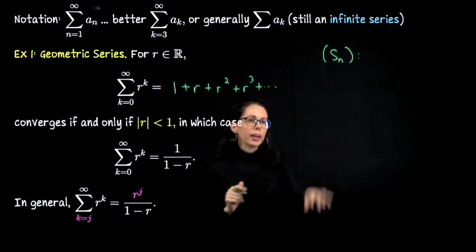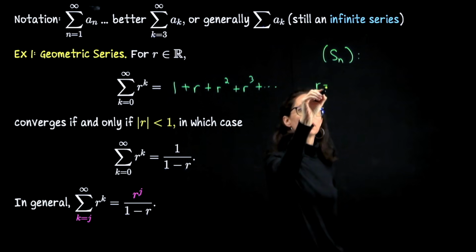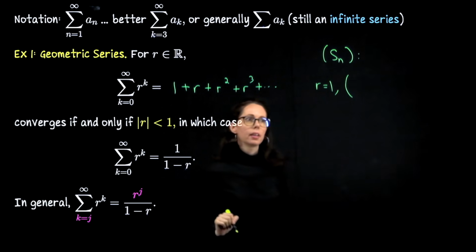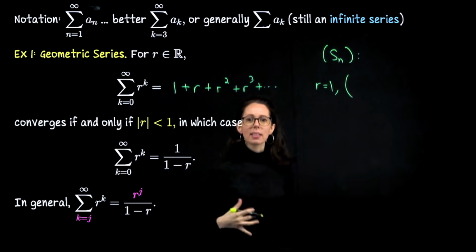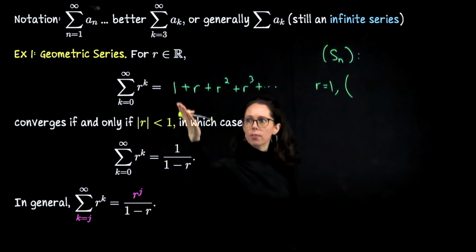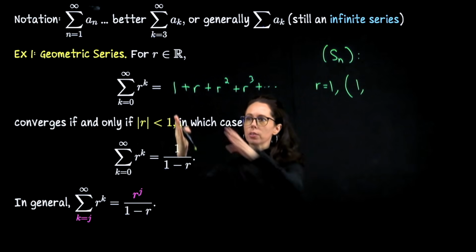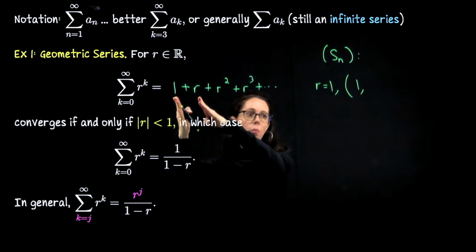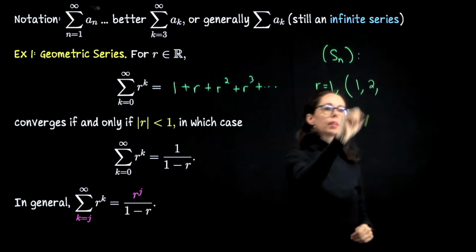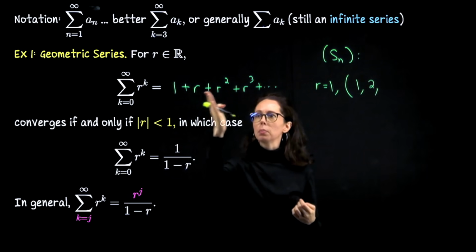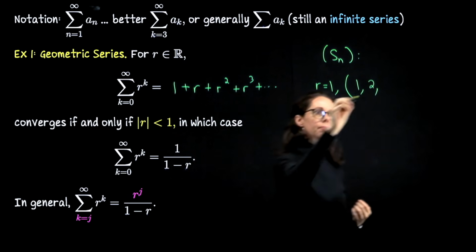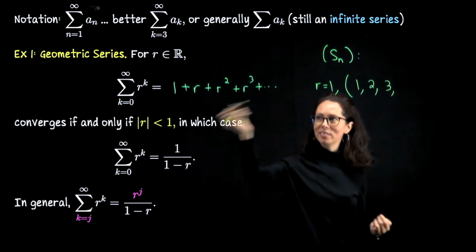Going to list them out over here. When r is 1, my first partial sum, s sub 1, is just the first term. My second partial sum is this one, so 1 plus 1. My third partial sum is 1 plus 1 plus 1, the sum of the first 3 terms. And then you see the pattern?